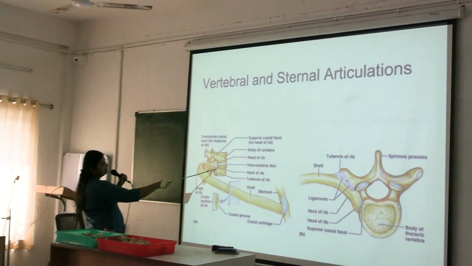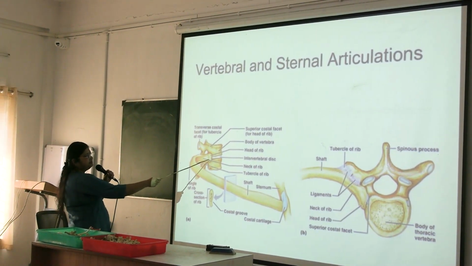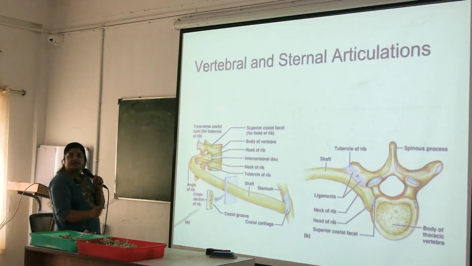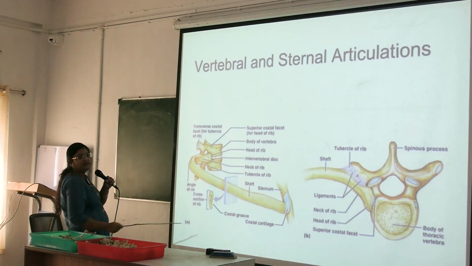Here the head is articulating with two vertebrae, the lower larger facet with the vertebra of the same number and the upper smaller facet with the vertebra above, and the crest is lying at the level of the intervertebral disc.